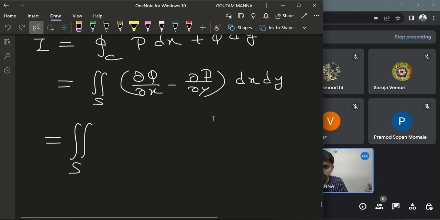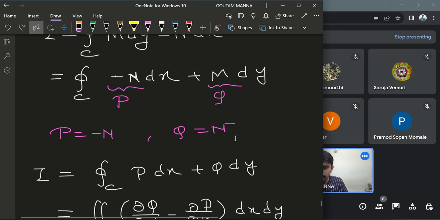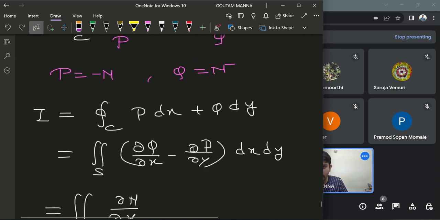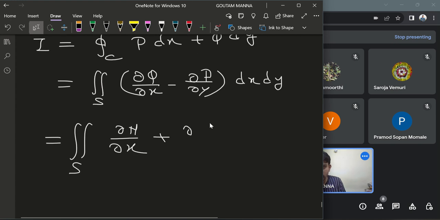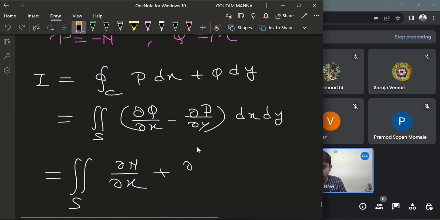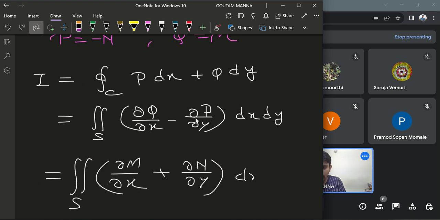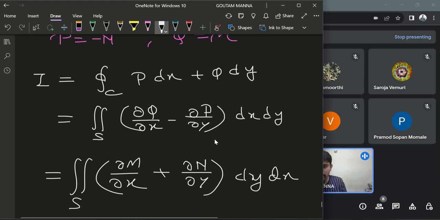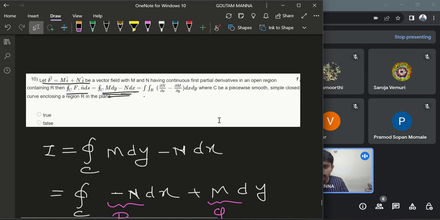Del q del x is del m del x, since q is m, and del p del y, with p being minus n, will be plus del n del y, dy dx. So if we convert this line integral to a surface integral, this is how it will look. There will be a plus sign, but there is a minus sign in the statement, so this statement will be false.